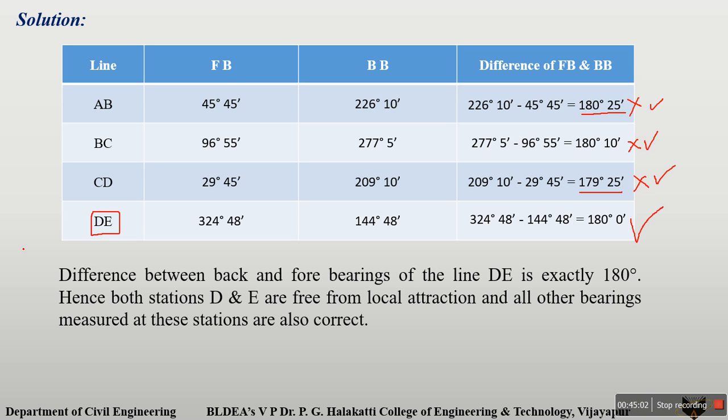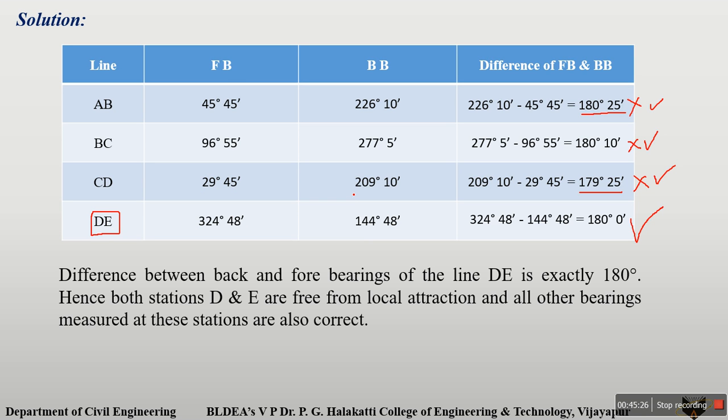This is DE, from D to E, and this is E to D. This bearing is measured from station E towards D, and this bearing is measured from the instrument at D towards E. These two bearings are correct.